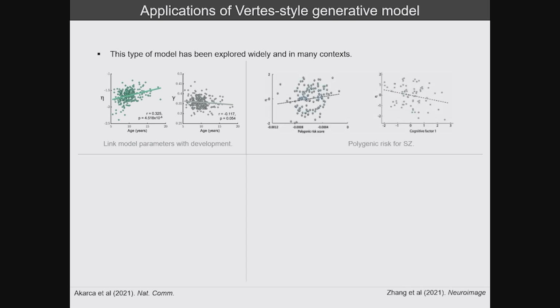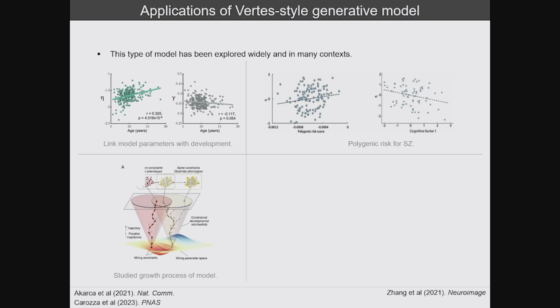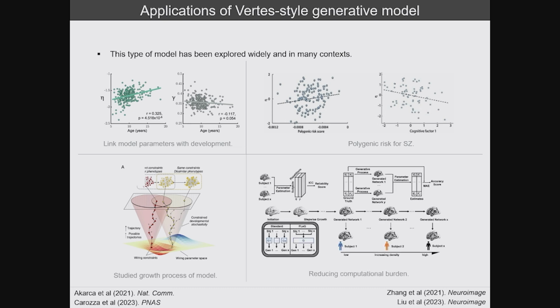They've linked it to risk for neuropsychiatric disorders, the actual trajectory of growth. People have studied this as well. So they have the model, edges are added over time, looking at the trajectories by which networks grow, and even coming up with ways to reduce the computational burden.